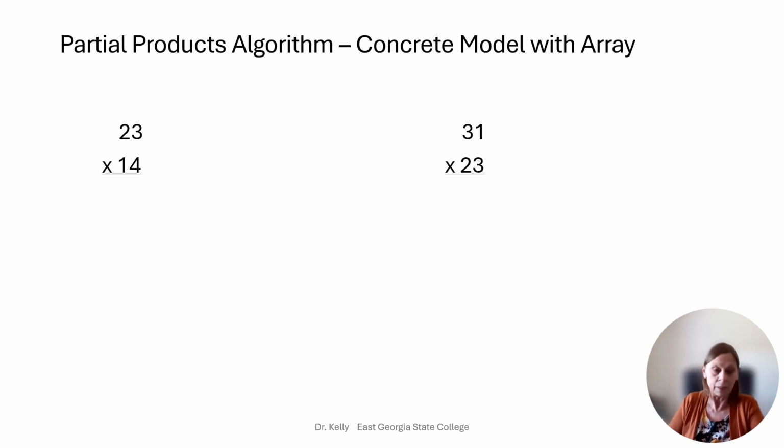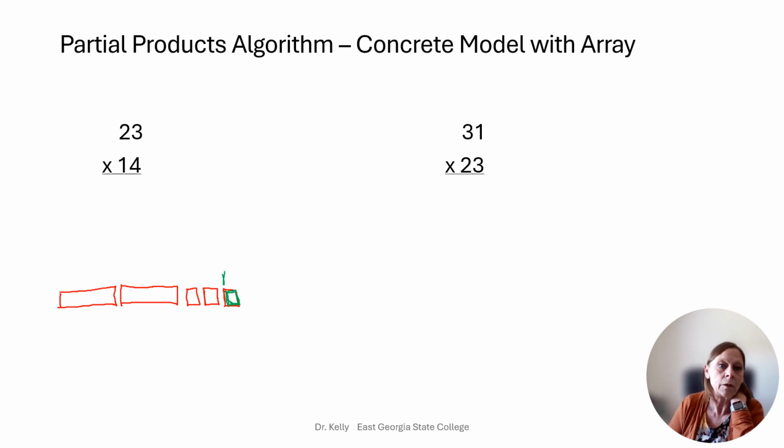So here, let me put in our 23. So there's our 23, and then I'm going to build up from the 23, 14. And before we were building from the left side, but right now it makes sense to build off of the smallest unit here.